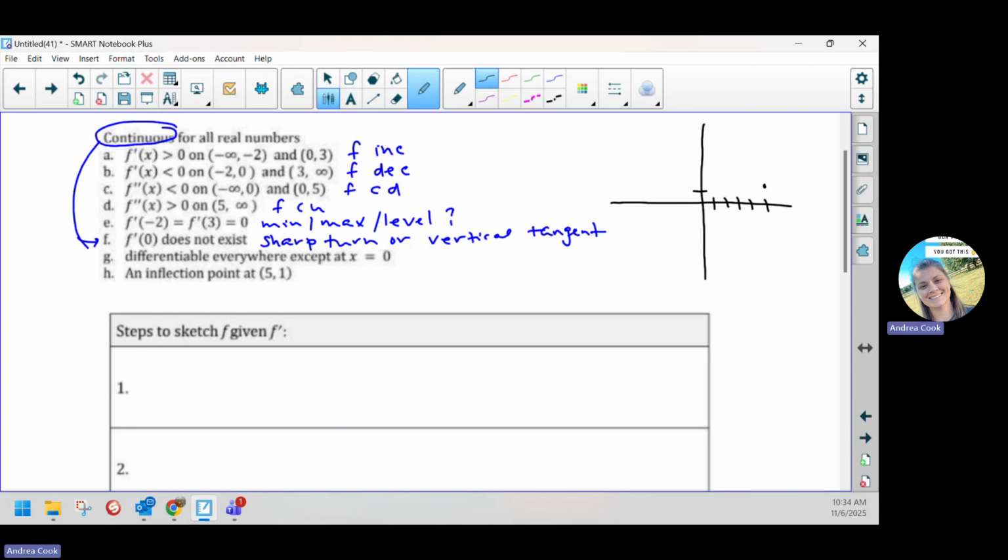So I'm increasing, let me put some more of these points here. -2 is right there, 3 is there, 5 is there. So I'm increasing till I get to -2. It doesn't matter where you start.